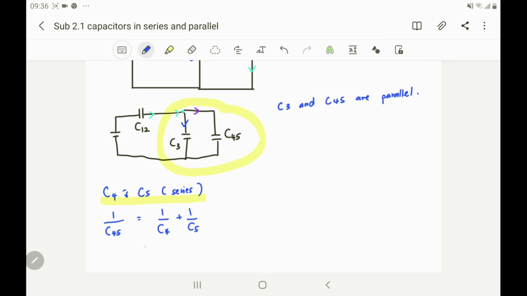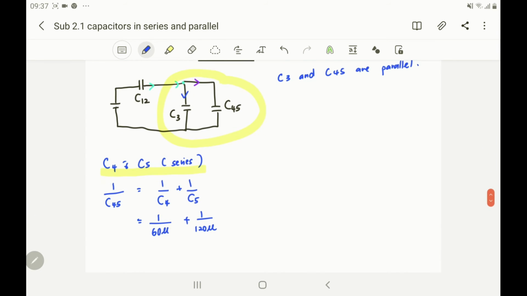Substitute 1 over 60 micro plus 1 over 120 micro, based on the question. Remember this is 1 over C45, so after you calculate this, you have to invert, 1 over the answer. So C45 is equal to 4 exponent negative 5 farad.